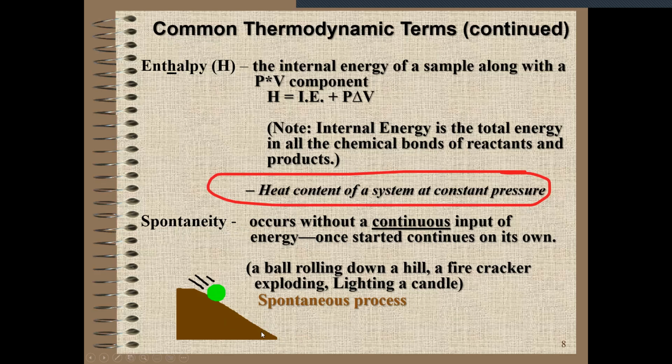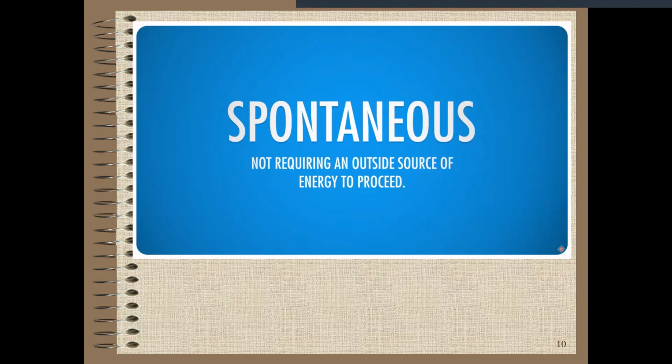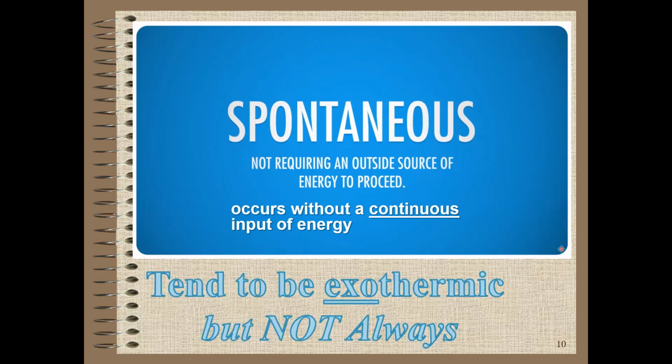It's not requiring an outside source of energy to proceed. And as we mentioned, most, but not all, exothermic reactions are spontaneous because there's another factor involved. And remember, it has to do with enthalpy and temperature. Well, two other factors, I should say.